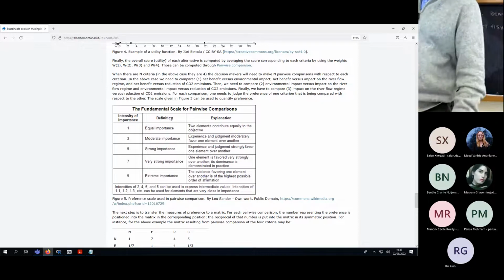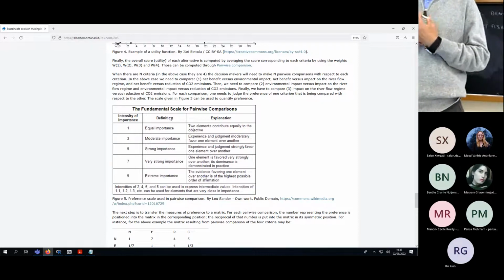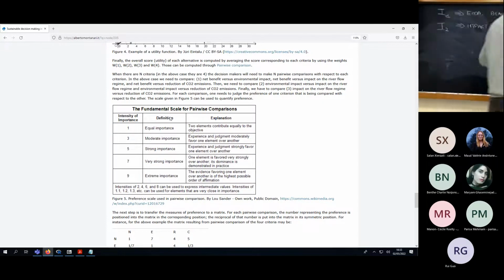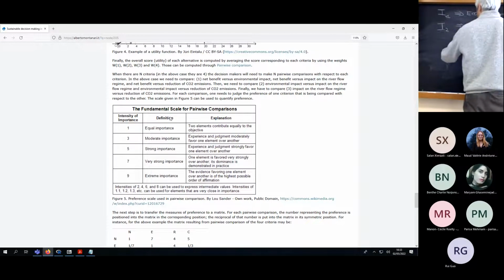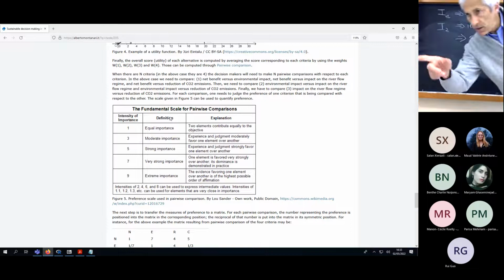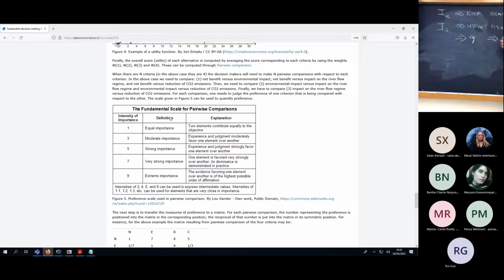So, of course, if you ask the person who is taking the money, they will say 9. So I compare and score 9, okay? If you ask the fisherman, they will say score 1/9. Because this means that I2 is extremely more important than I1.